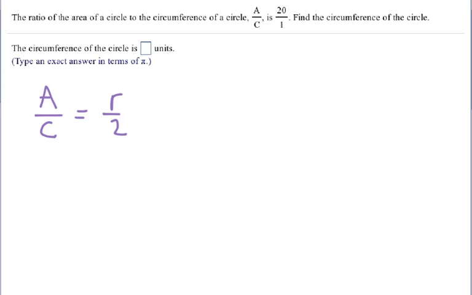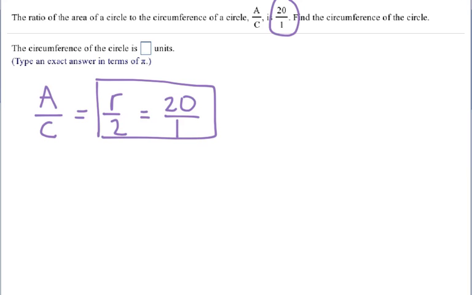So we set radius over 2 equals 20 over 1, because that's the ratio they give us. Solve for r. So with this, we would multiply both sides by 2, so the radius equals 40.